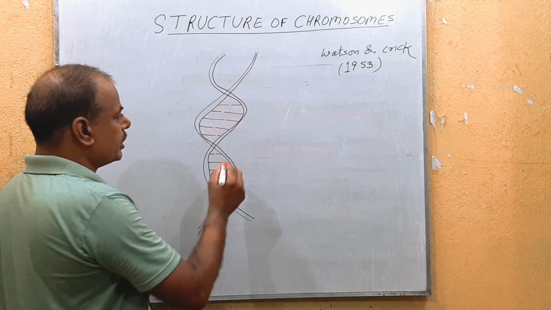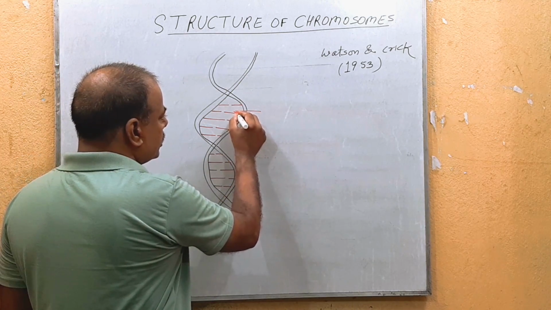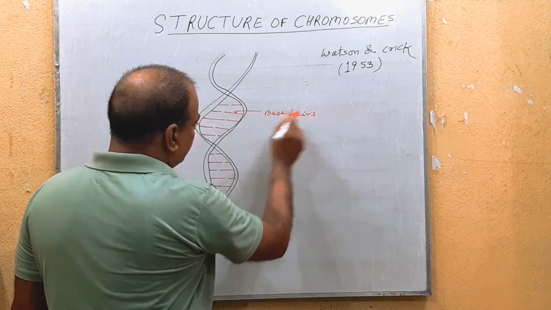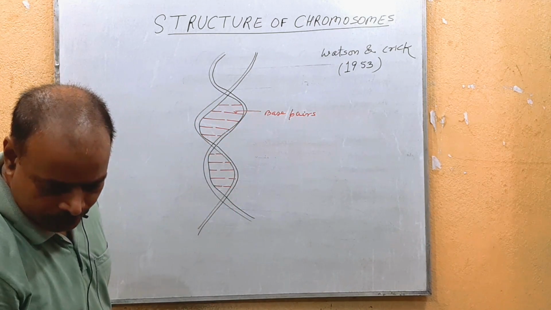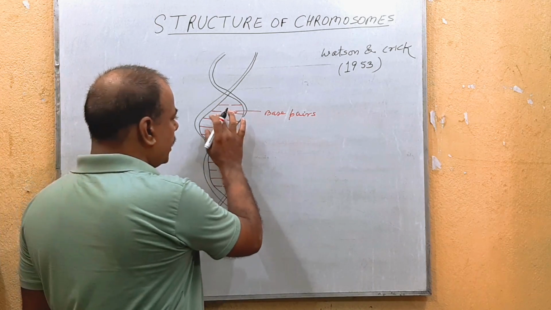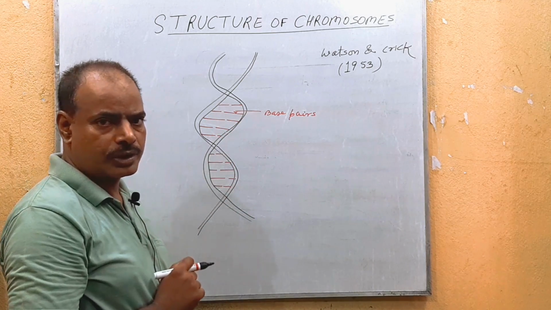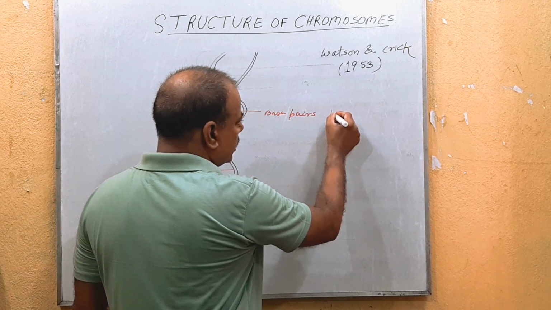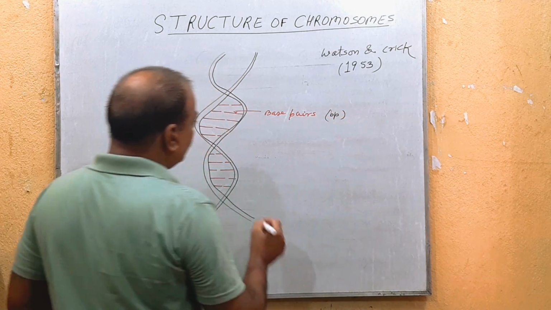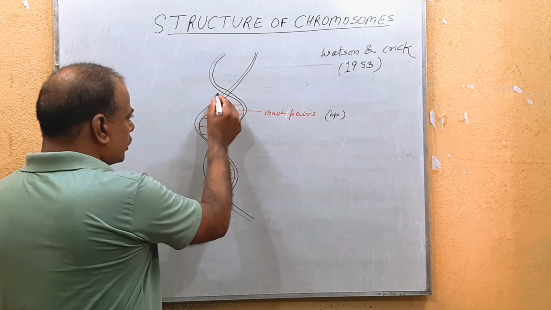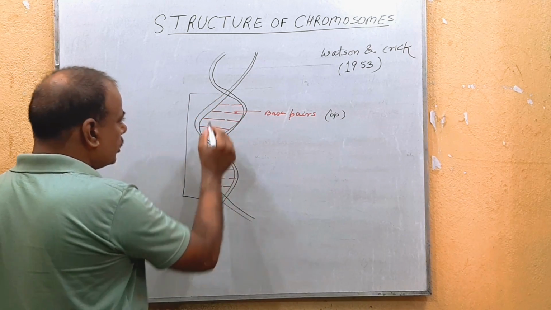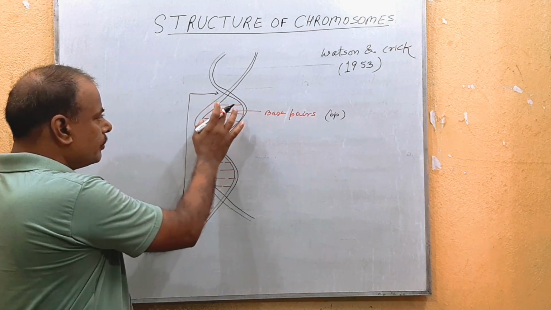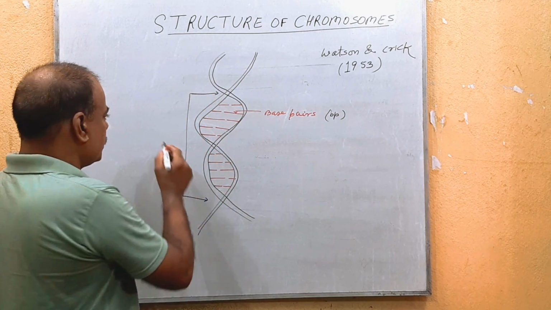These are known as base pairs, because here two nitrogenous bases are combined with hydrogen bond and they form base pairs, or simply BP. So in one turn of DNA there are 5 plus 5, 10 base pairs.